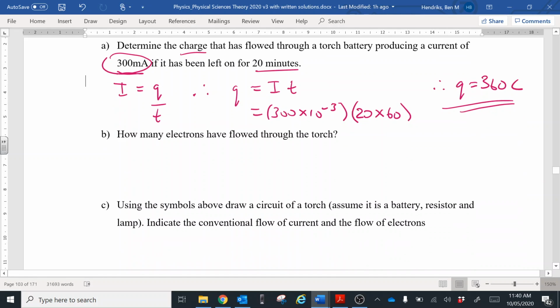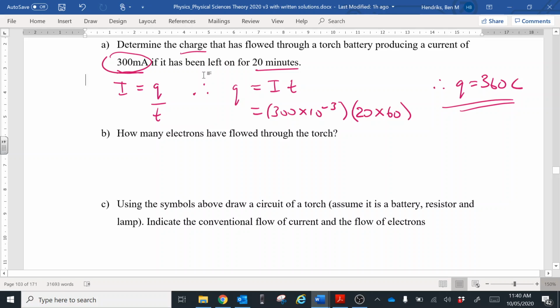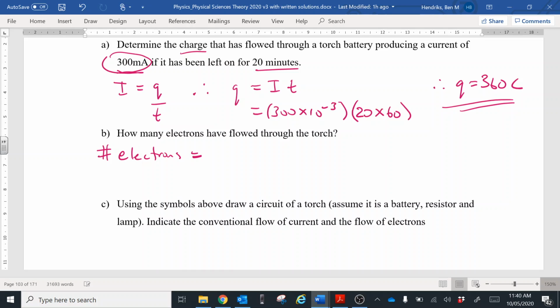How many electrons have flowed through the torch? So remembering our equation in our static electricity, we had the number of electrons is equal to our charge divided by the charge of 1 electron.